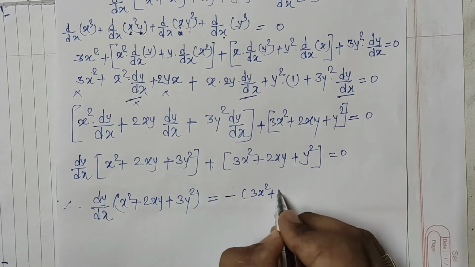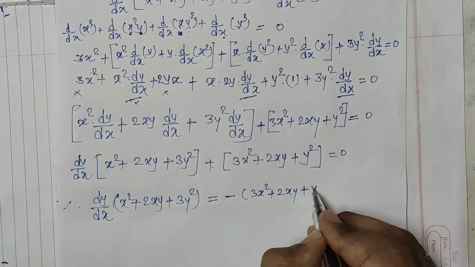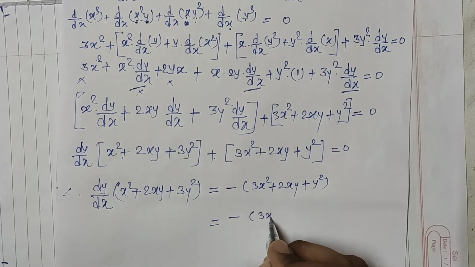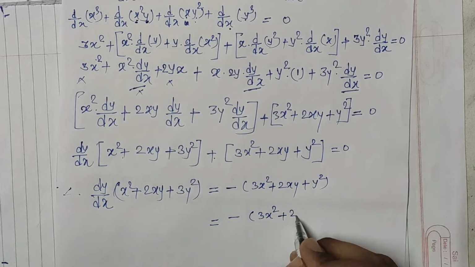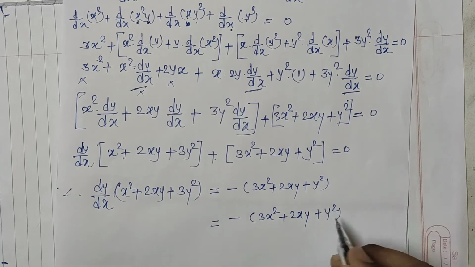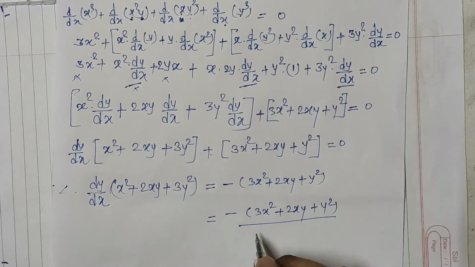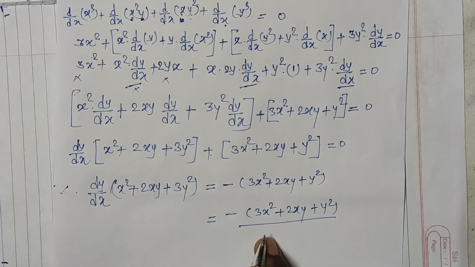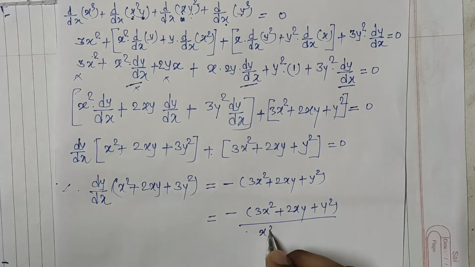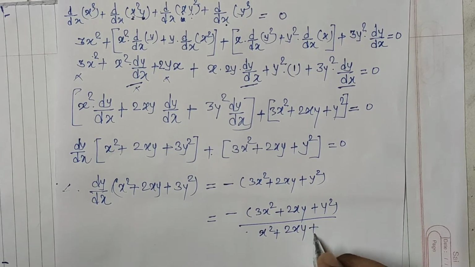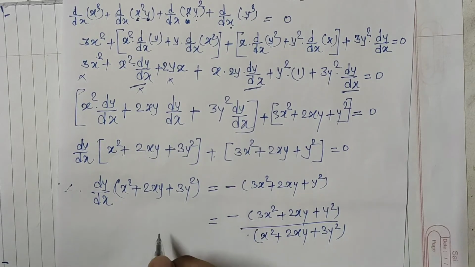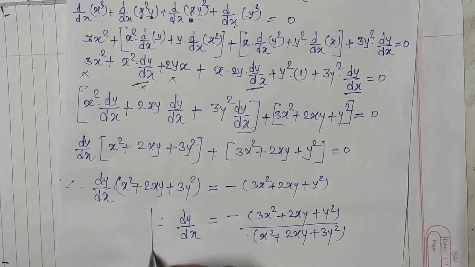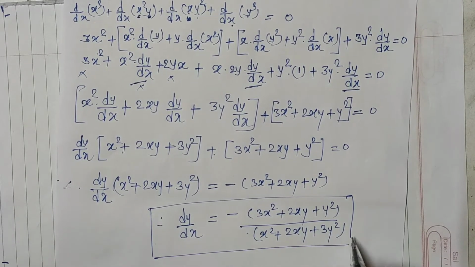So minus 3x square plus 2xy plus y square upon, which term? This term is numerator form. If you move it to the right side, it becomes denominator form: x square plus 2xy plus 3y square. Therefore we get the required solution dy upon dx. This is our required solution.